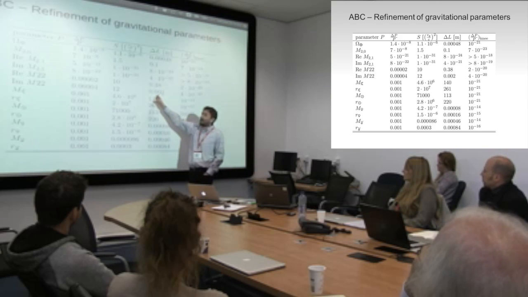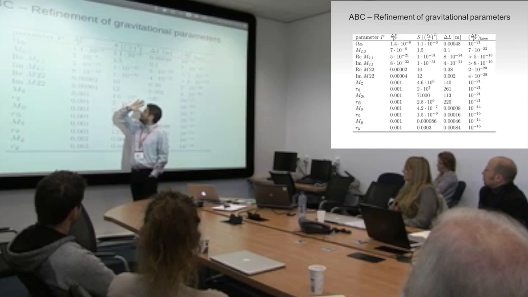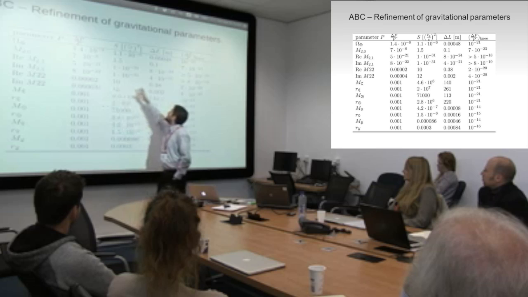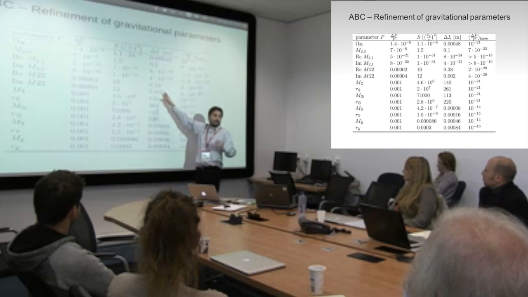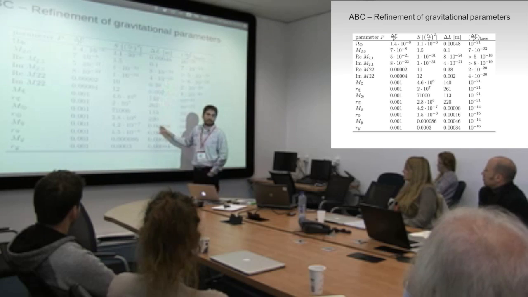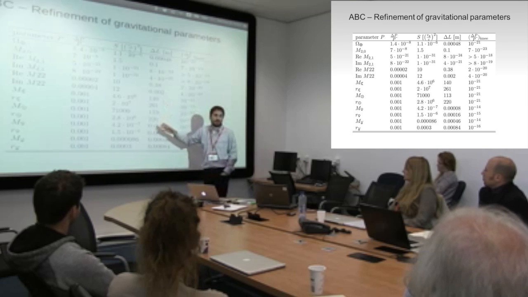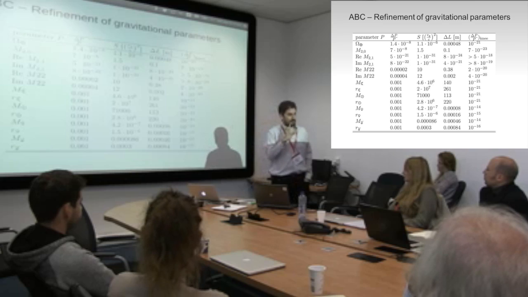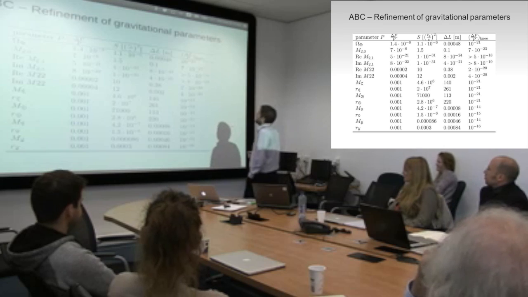So this immediately tells us if we make a mistake on the gravitational parameter this big, then the position of the satellite will be wrong like this in meters, after 2 months. That's right, I forgot to say it.